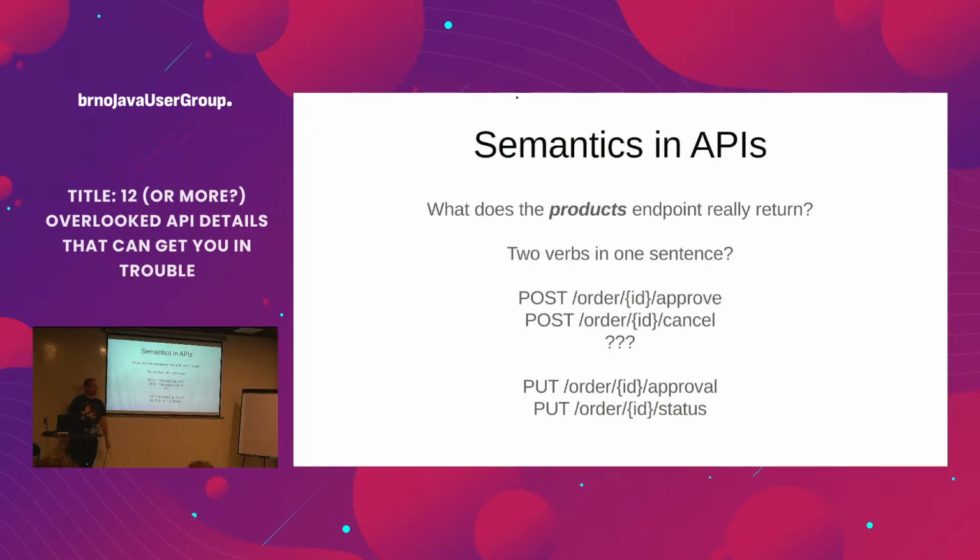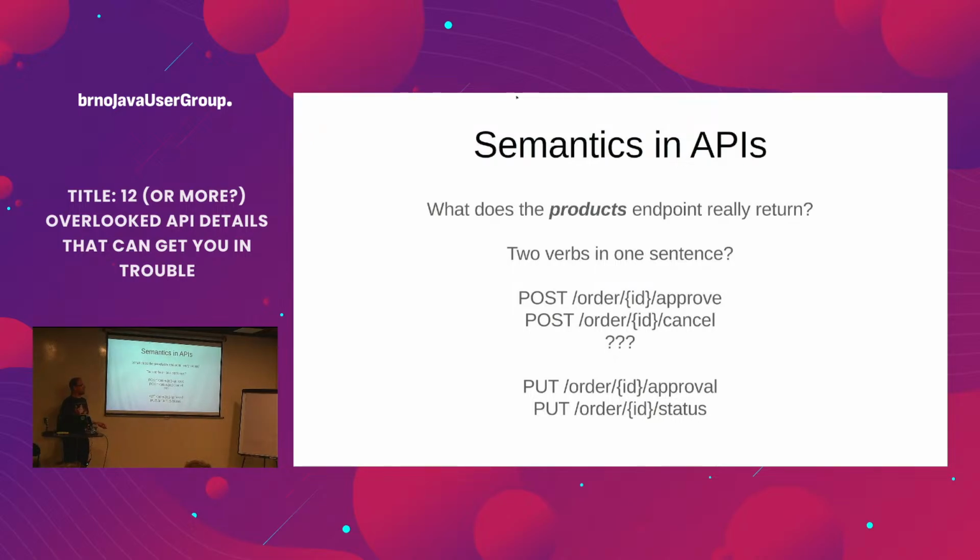Now, we talk about schemas, about structures, but another important thing is the meaning of the data that you pass on your APIs. For example, let's say we have an endpoint called products, and it looks okay, like a great textbook example, easy, simple.